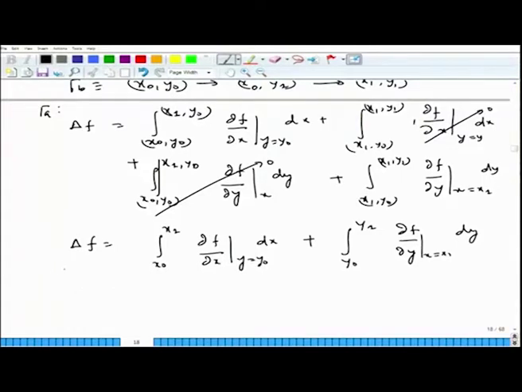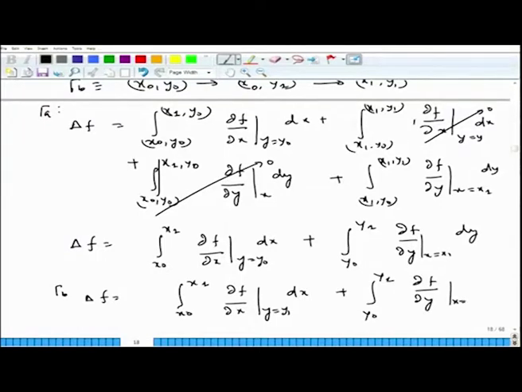Now, if you had used gamma B, you could show that delta f is the integral from x0 to x1 of del f by del x, y equal to y1, dx, plus the integral from y0 to y1 of del f by del y, x equal to x0, dy.